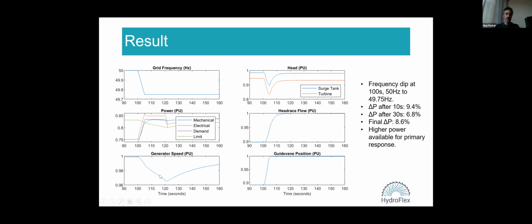This causes the generator to slow down. As the generator slows down, the power limit slows down. At this point here, the primary response ramps down, you're getting back into secondary response, and then the generator is allowed to recover.